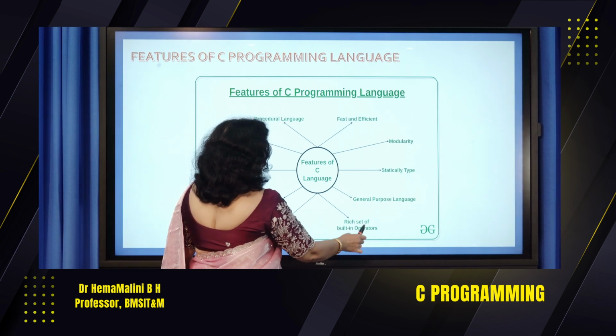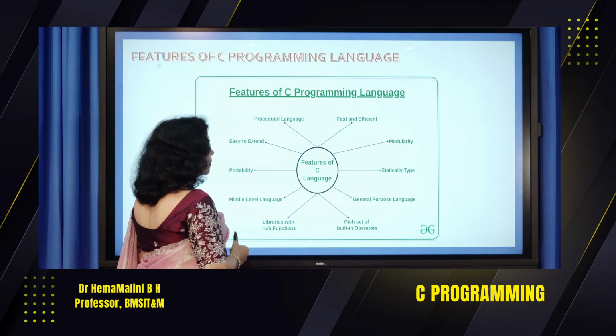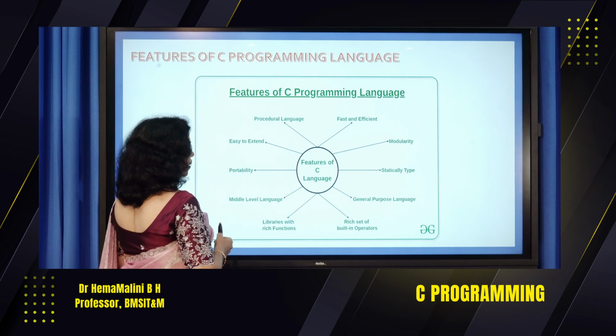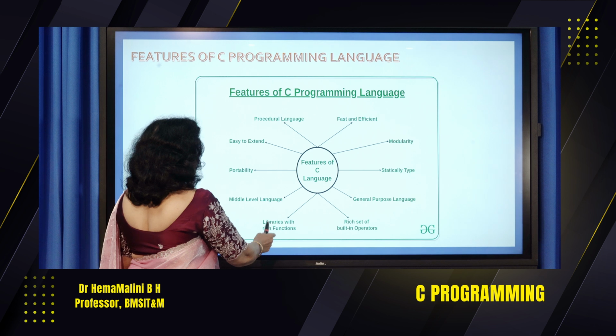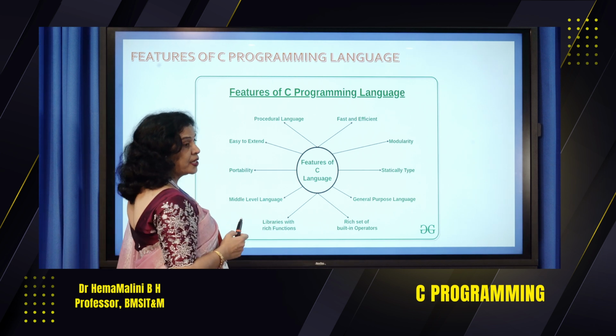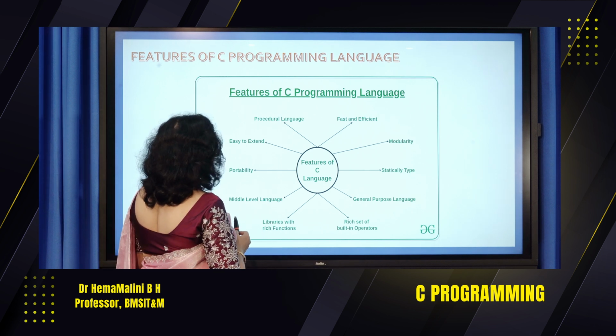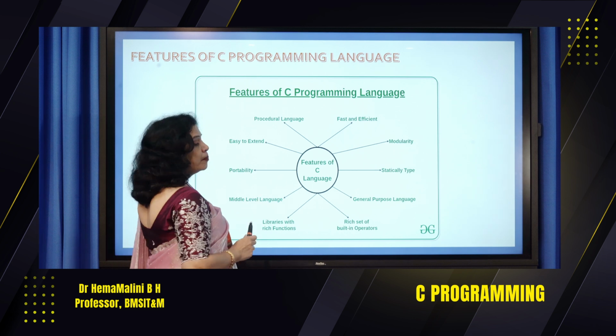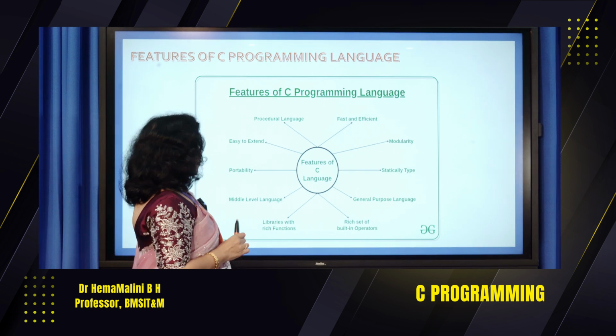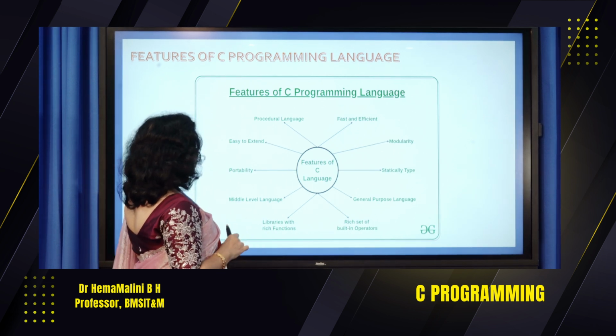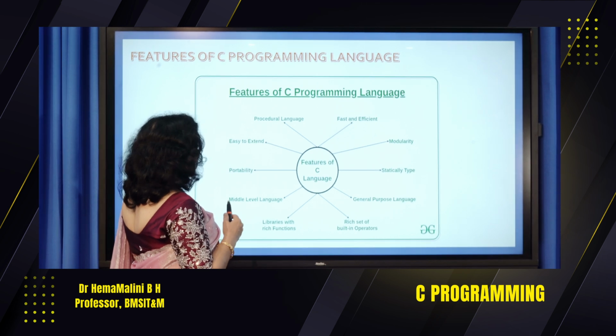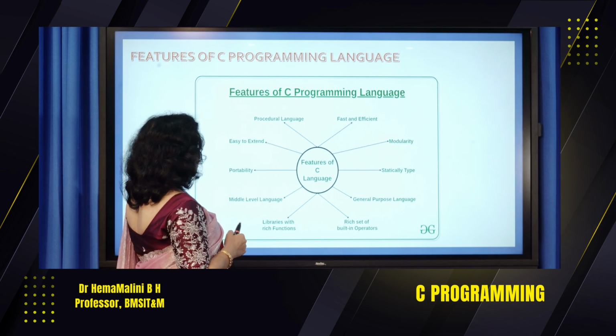Rich set of built-in operators, we are going to discuss that shortly, and libraries with rich functions. C has very rich libraries. It is a mid-level language because it communicates with the operating system. It also has a high level language.